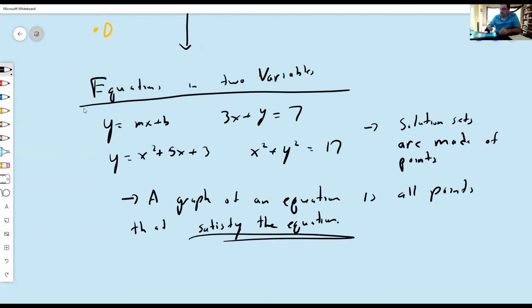And satisfying the equation, aka solutions. So when you're graphing an equation, you're looking at all the solutions of a graph in a graphical form.